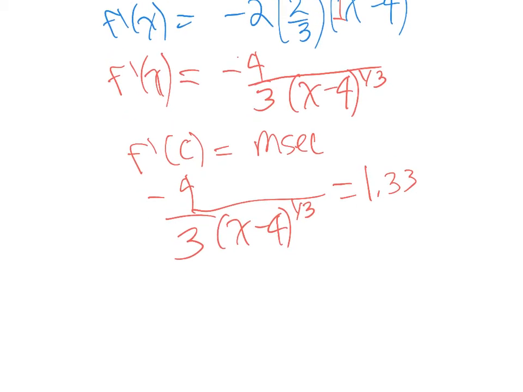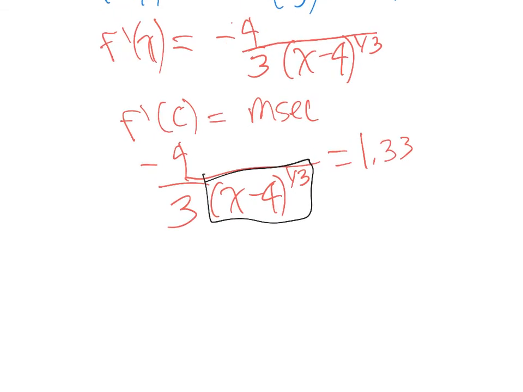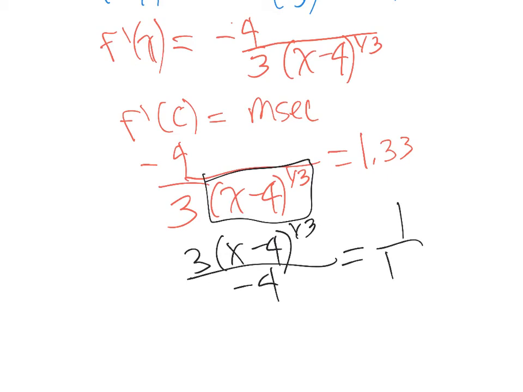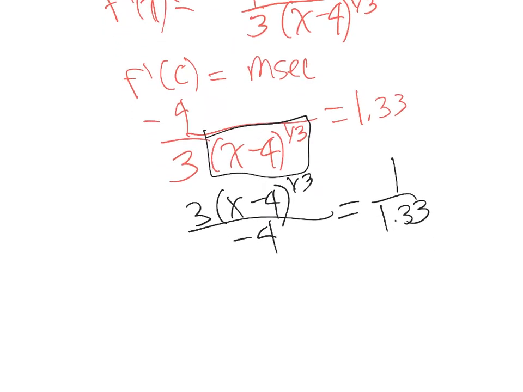So, how are we going to solve for that? Well, I need to isolate x minus 4 first. So the first thing I would want to do in this situation is get that in the numerator. So I would do reciprocals. So I would have 3(x minus 4) to the 1/3 all over negative 4 equals 1 over 1.33.